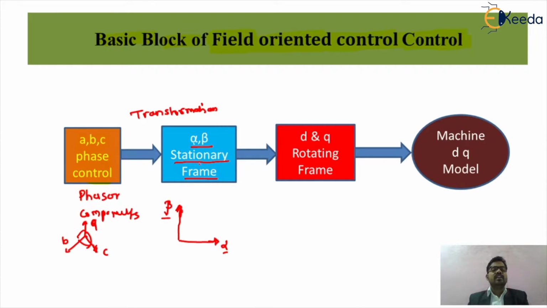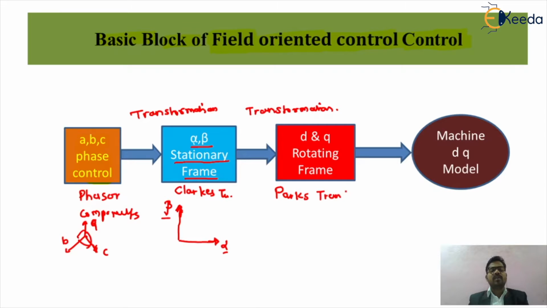This transformation is called Clarke's transformation. After that we get another type of transformation, which is done by means of Park's transformation.